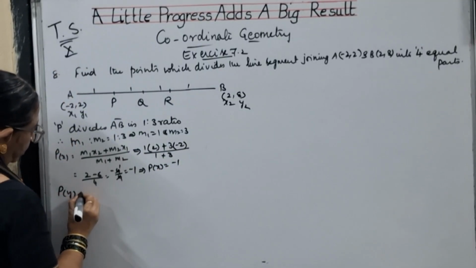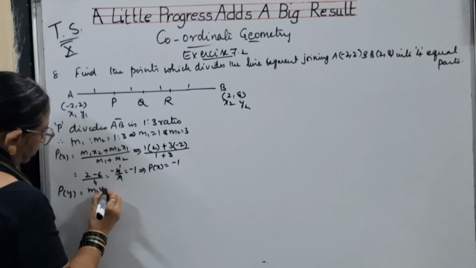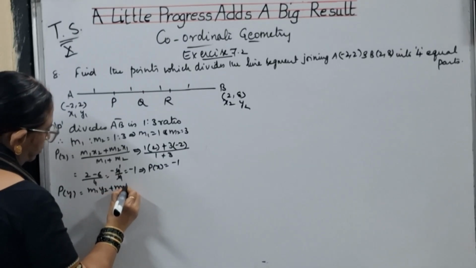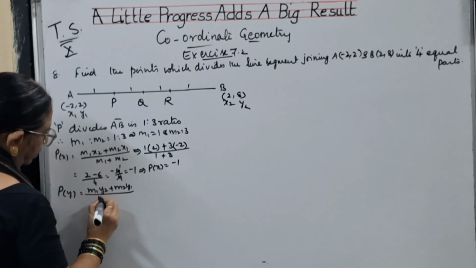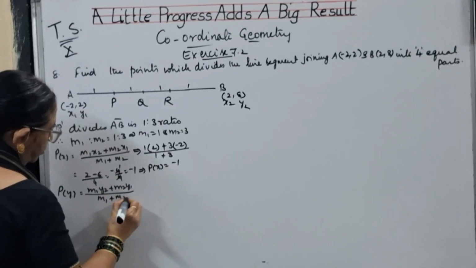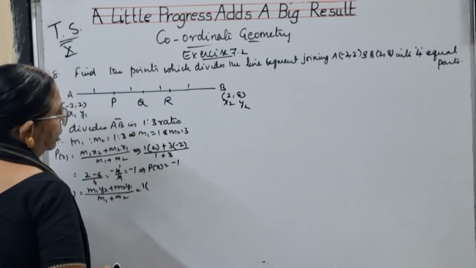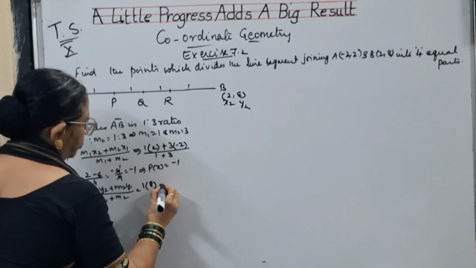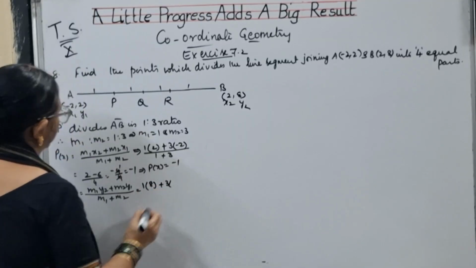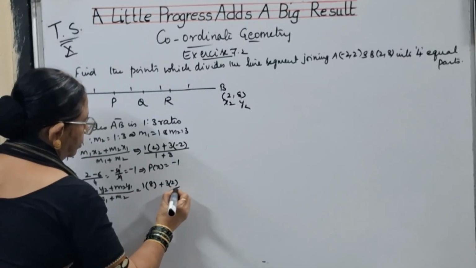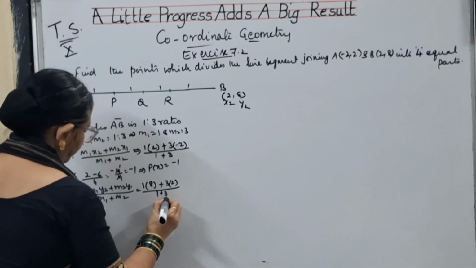P of y is equal to (m1 y2 plus m2 y1) by (m1 plus m2). So m1 is 1 into y2, 8, plus m2, 3 into y1, 2, by 1 plus 3.